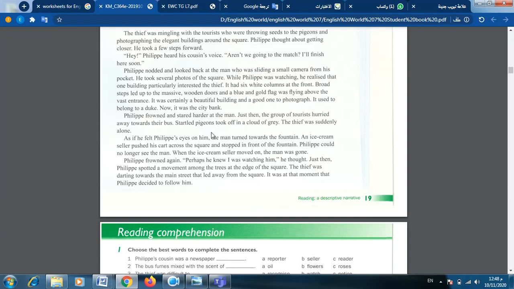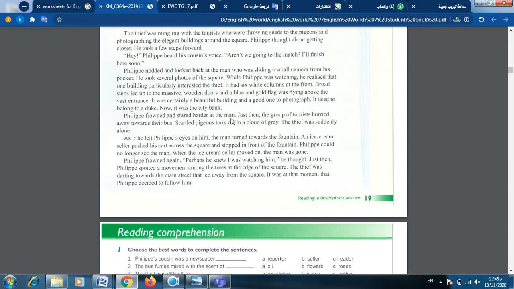Now the thief was alone in the square, as if he felt Felipe's eyes on him. The man turned towards the fountain. The thief noticed that Felipe was watching him.